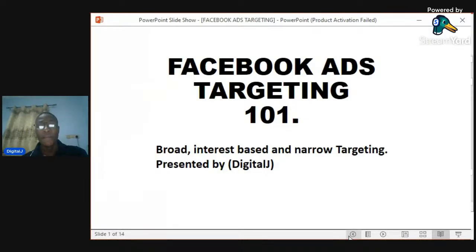Because most persons actually find it difficult when it comes to Facebook ads targeting, and it is very, very important. Aside from your creatives, if you want to have a successful ad campaign, your targeting needs to be on point. So without any further ado, let's jump into it.